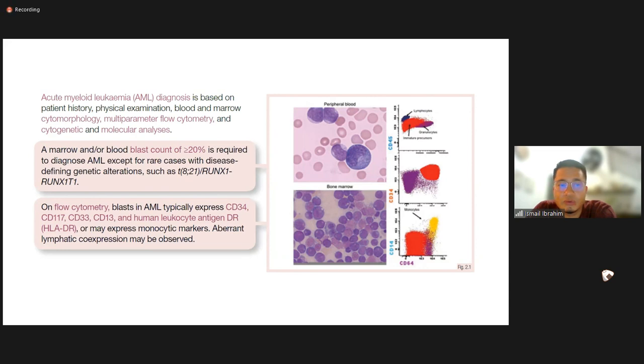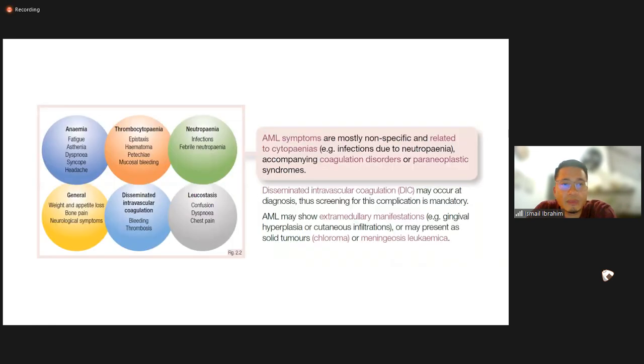Yeah. So the main AML will be diagnosed by flow cytometry or immunophenotyping, but certain AML with very specific genetic mutations will be diagnosed by either cytogenetics or molecular tests.